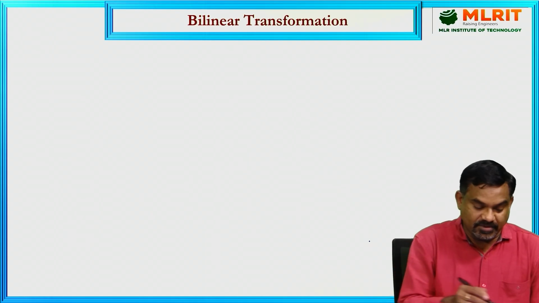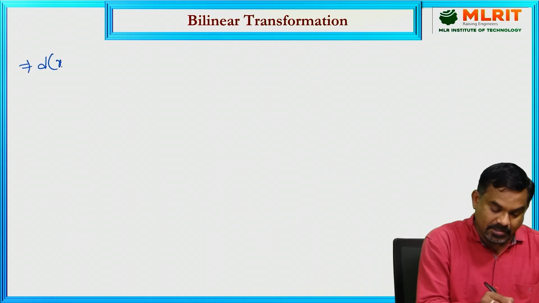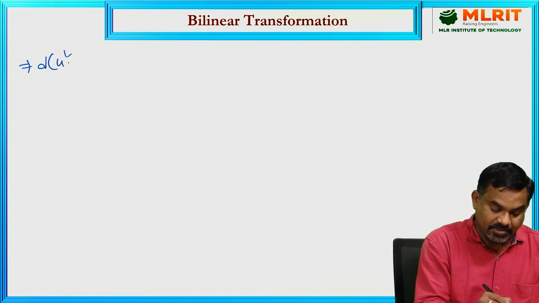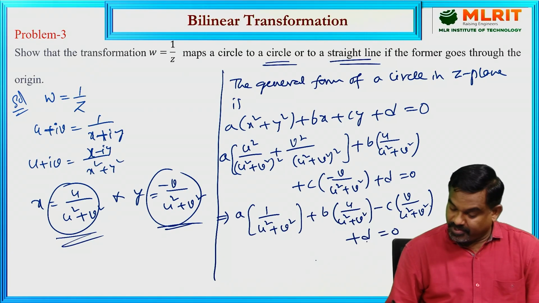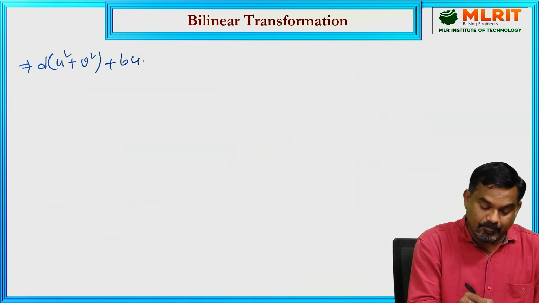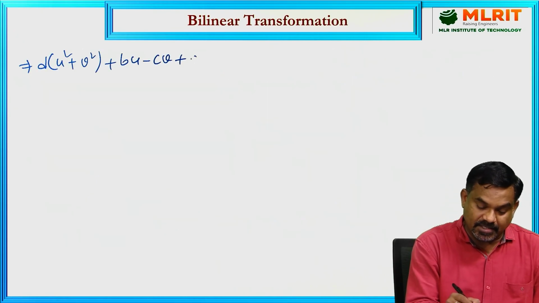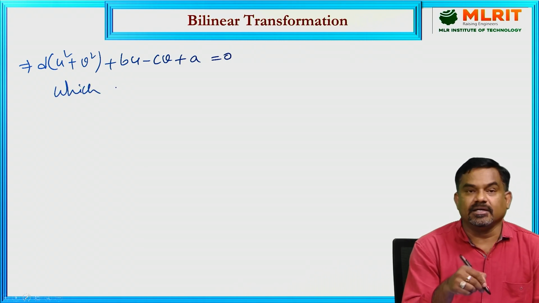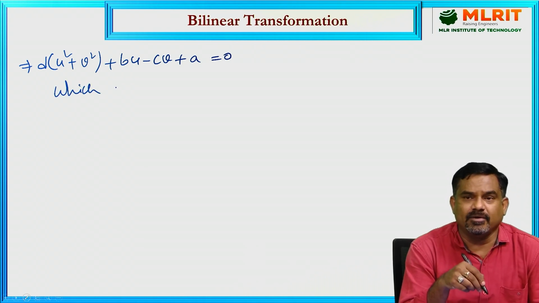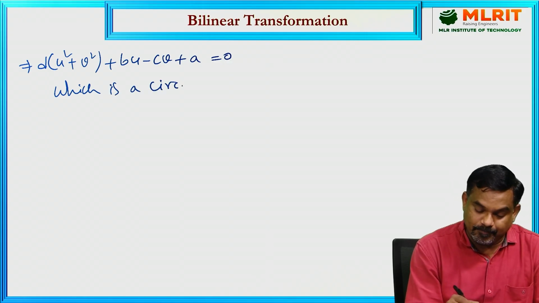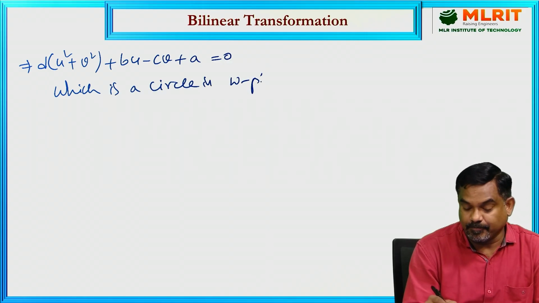So d into u square plus v square, then plus bu minus cv plus a equal to 0. Which is again the most general form of a circle. So which is a circle in W plane.